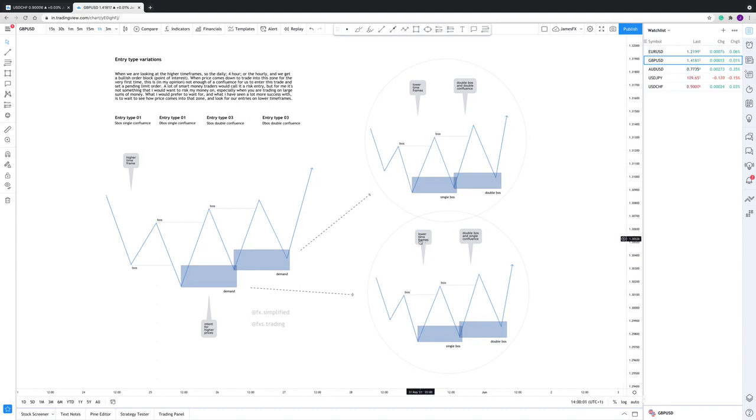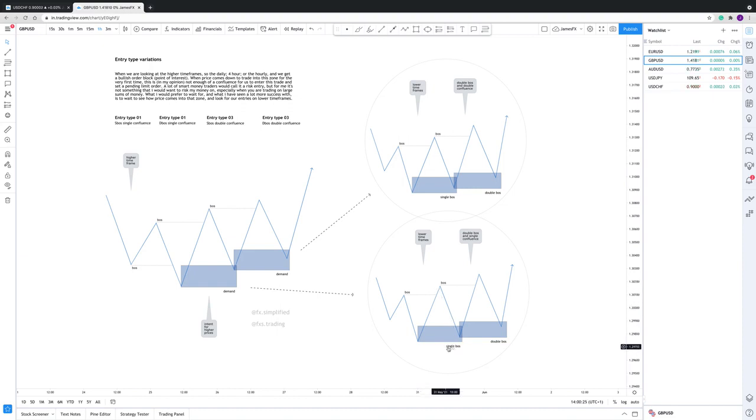Once price comes down and trades into this zone, we will usually see lower lows and lower highs on a lower time frame. So what we wait for is for price to push in, and then we want to see intent for bullish movement. So we want to see a nice break in structure.